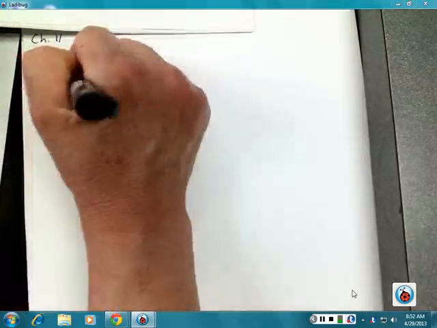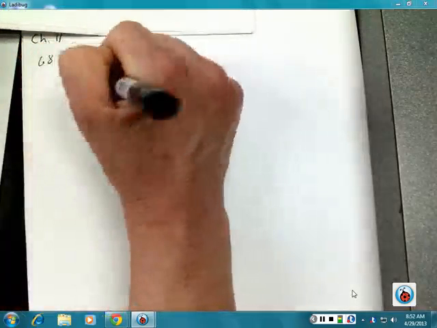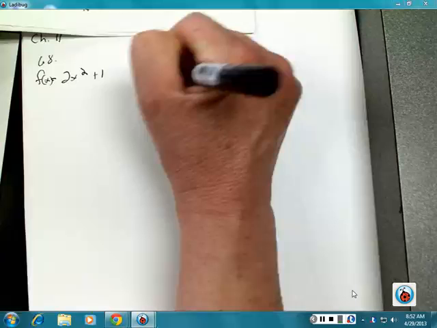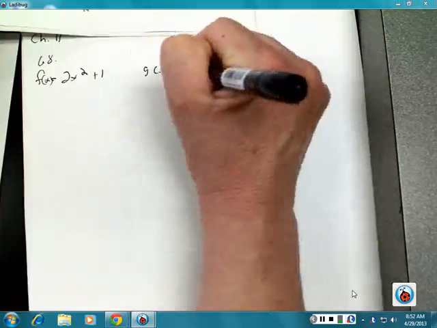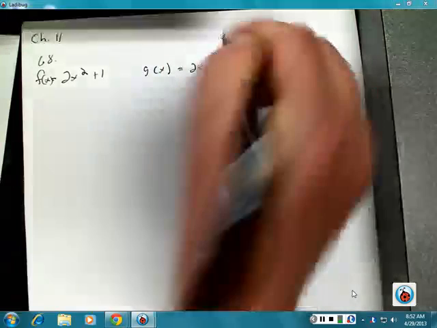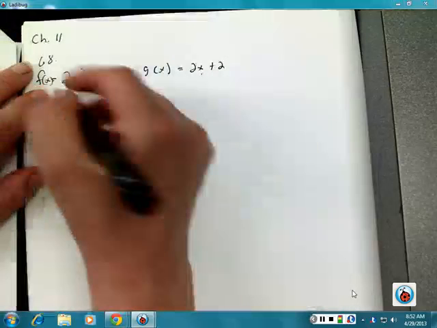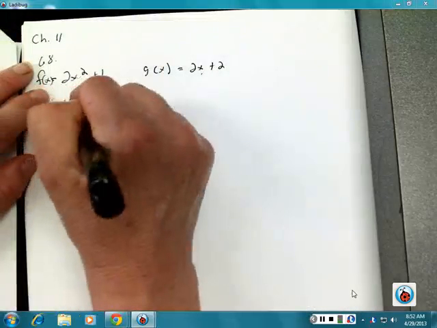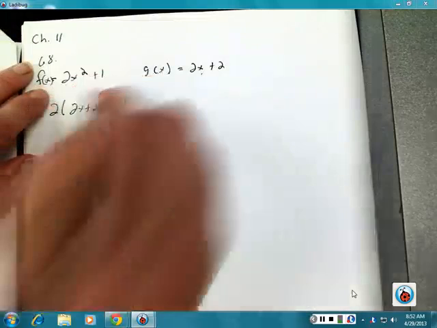So when I substitute this inside of there, I'm going to have 2 times (2x plus 2) squared plus 1.